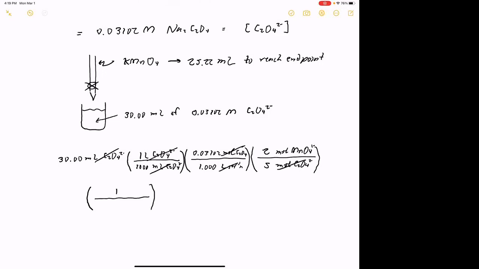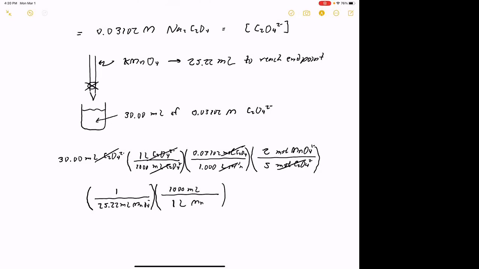It tells me up here that it takes 25.22 mils of MnO4 to get to my endpoint, but now I want that in terms of liters. So we'll just throw one more conversion on here. For every 1,000 milliliters of it, I've got 1 liter of it.